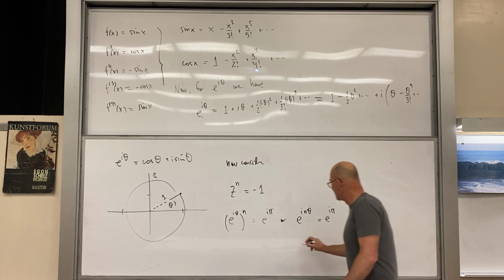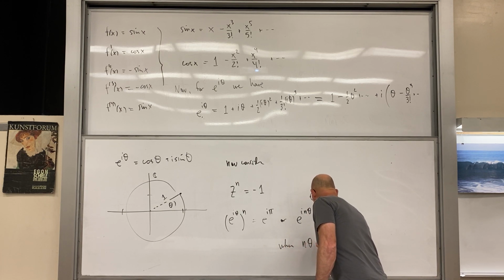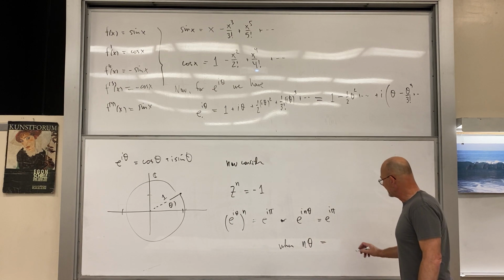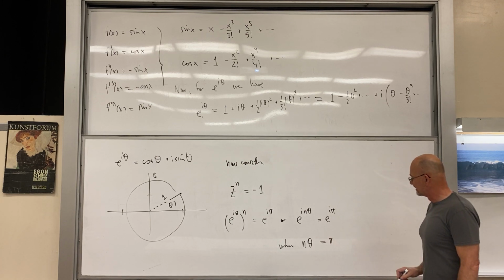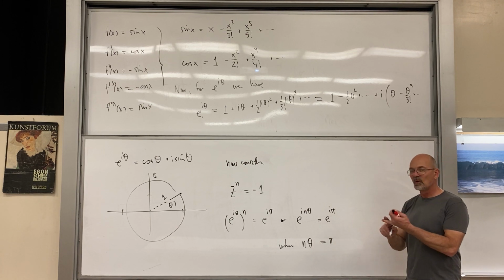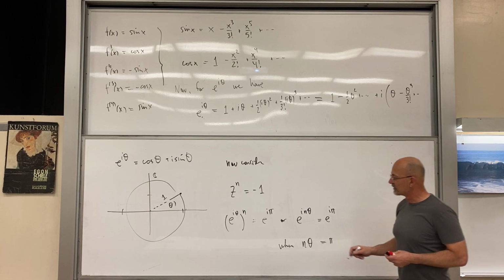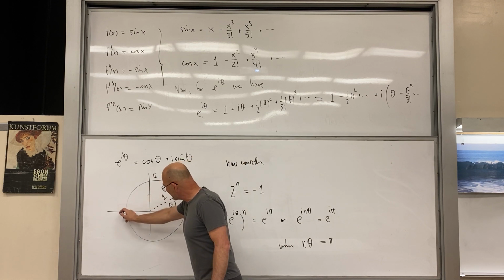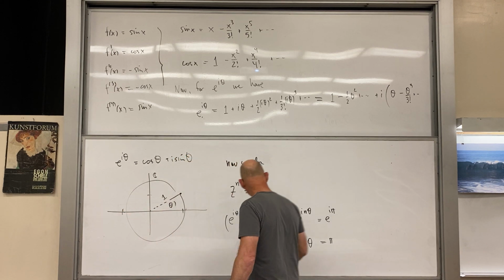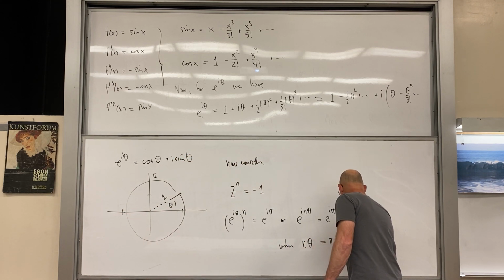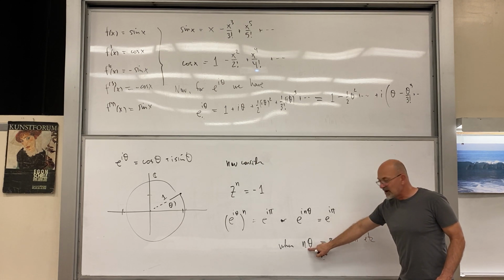It happens when n times theta is equal to pi, or 3 pi. In other words, if you go around here, you're at pi. If you go around again, you land there again, 3 pi, 5 pi, etc., depending upon how large n is.